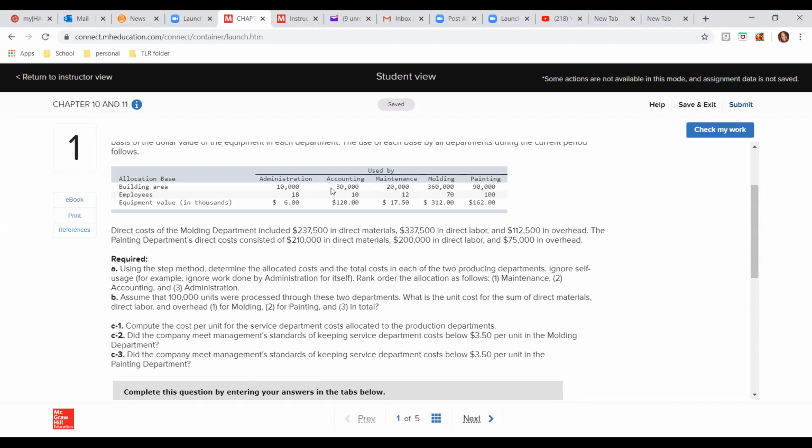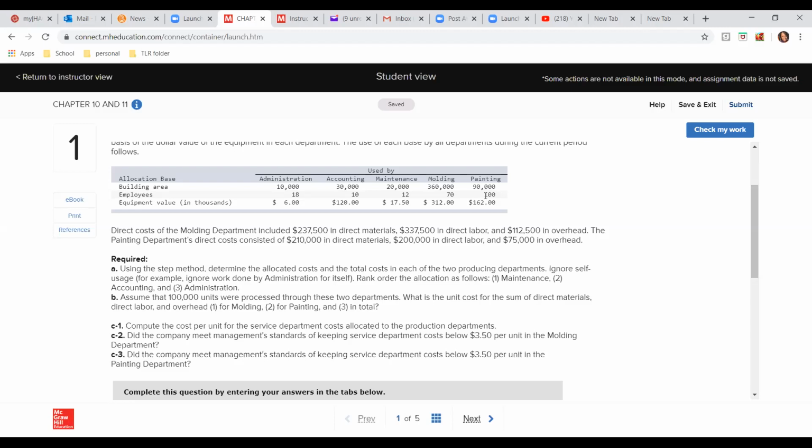We ignore everything except for these people. So I'm taking 18 plus 12 plus 70 plus 100. Does that make sense so far? We must ignore accounting because we're allocating accounting; adding it would give us skewed numbers. Using my calculator, 12 plus 18 plus 70 plus 100 is 200 people.